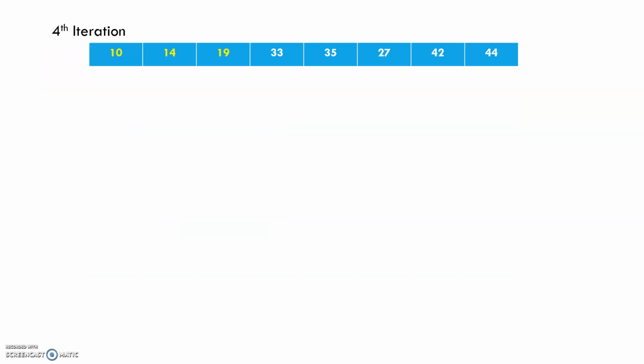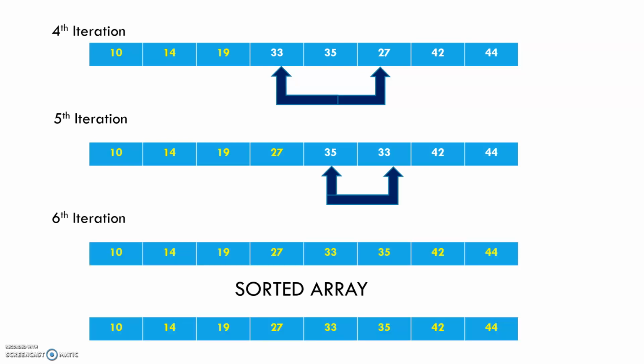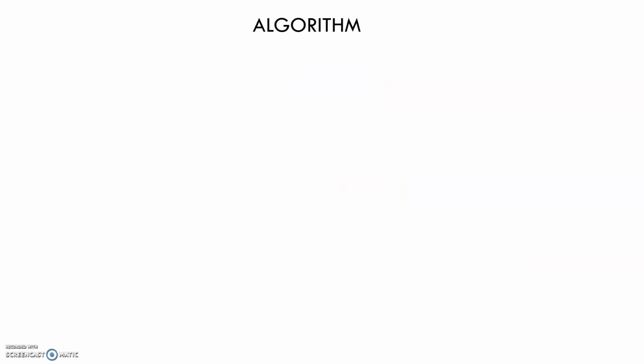This procedure will continue till we get our sorted array. So after the sixth iteration, we get our sorted array. Now we'll see the algorithm behind selection sort.